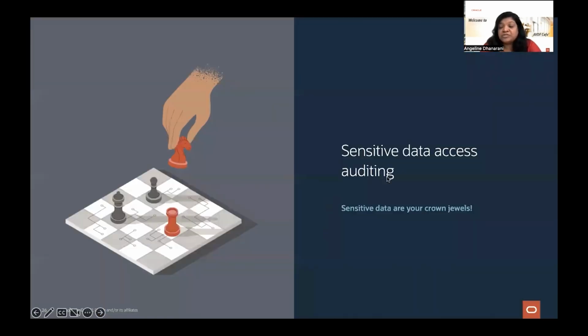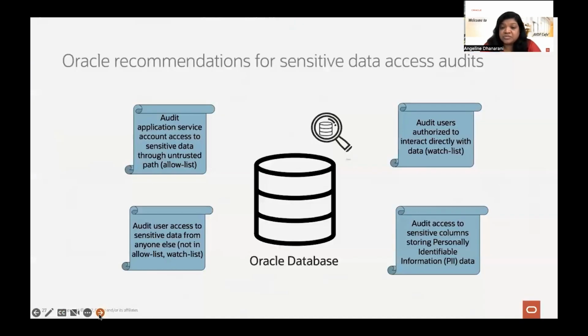And now coming to sensitive data access auditing. How do you audit your sensitive data? What is sensitive to one organization may not be sensitive to another, so mostly you have to configure custom policies, and we do provide recommendations. There are different categories.